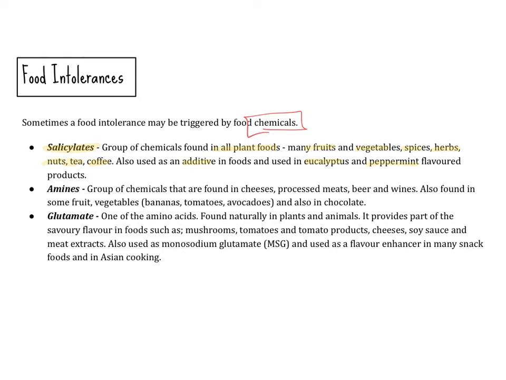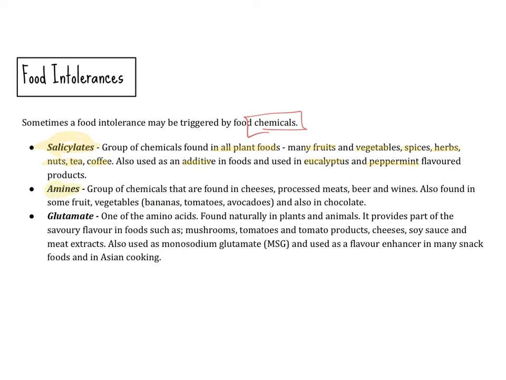Think about things like eucalyptus drops or lollies or lozenges, and peppermint is found commonly in a lot of sweet foods. So peppermint and chocolate ice cream, or peppermint biscuits, or peppermint minty lollies, or even peppermint chewing gum. People that have intolerances to salicylates really need to make sure that they're avoiding a range of different foods.